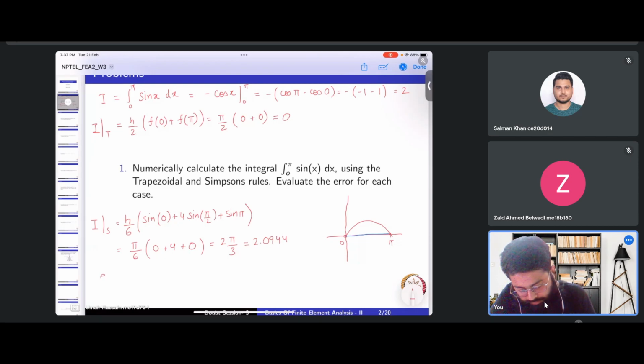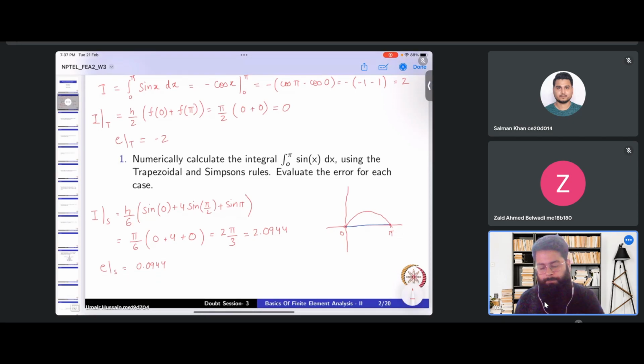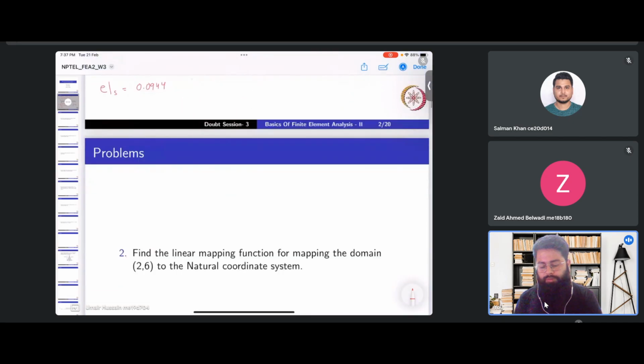In this case the error is 0.094, compared to the error in the trapezoidal rule, which is minus 2. It's pretty huge. Okay, so I hope this was clear. Then we can move on to the next problem.